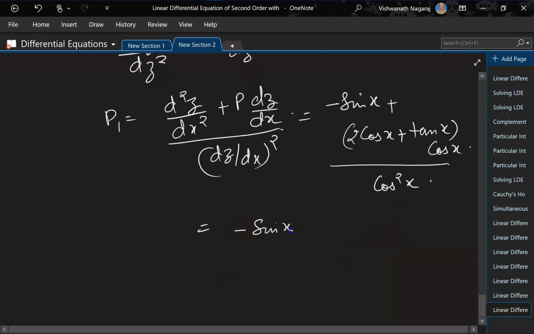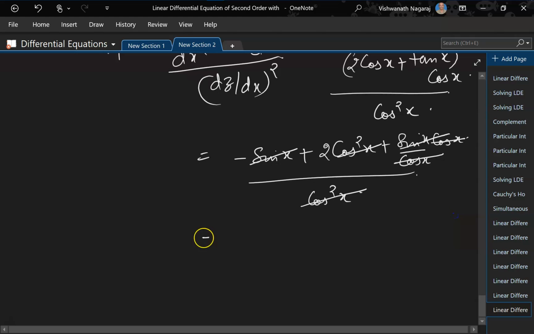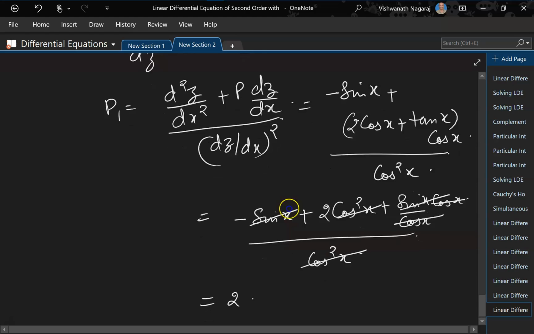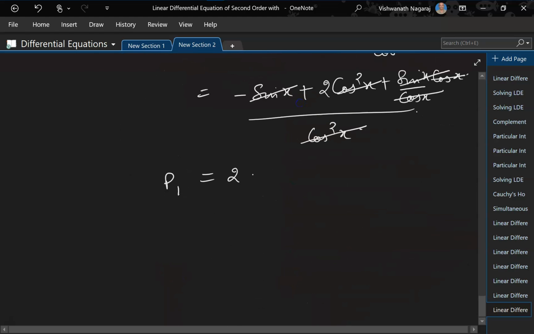Minus sin x plus 2 cos² x plus sin x by cos x, times cos x. So cos x gets cancelled, divided by cos² x. Sin x and sin x get cancelled, cos² x gets cancelled. We are left with 2. So our P1 is equal to 2.